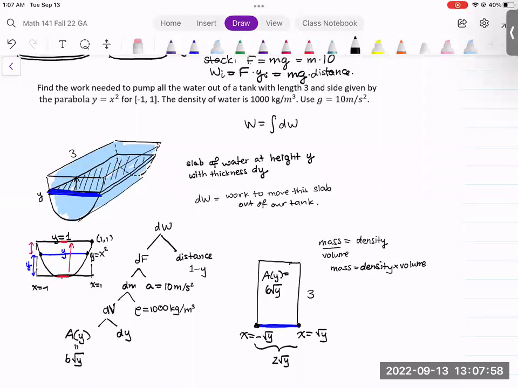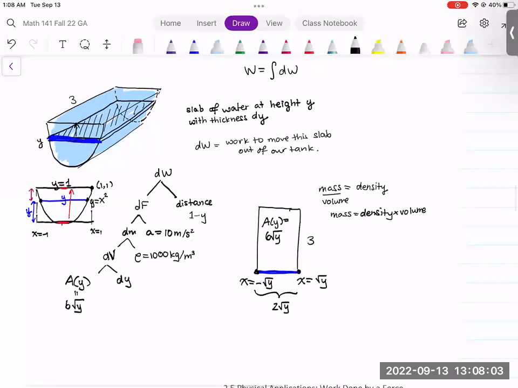All right. Okay, and so we now have all of the pieces. Our work is going to be this integral. We have water from a height 0 all the way up to the top here at height 1. We're going to be multiplying our cross-sectional area, 6 square root of y, times our density, 1,000 kilograms per cubic meter.